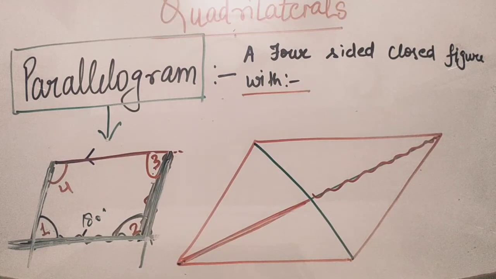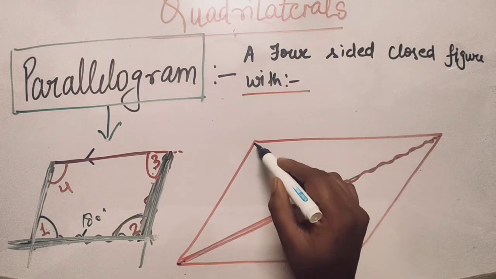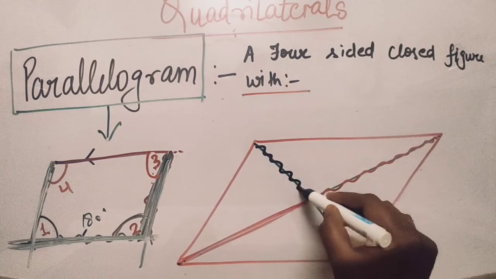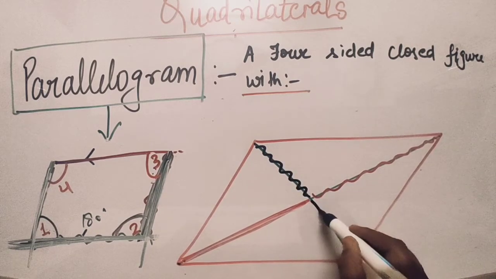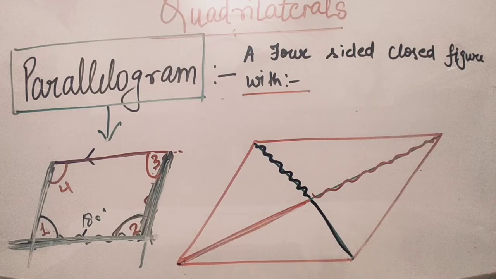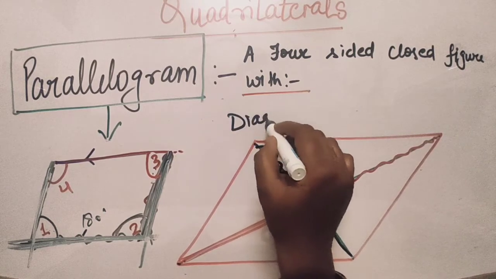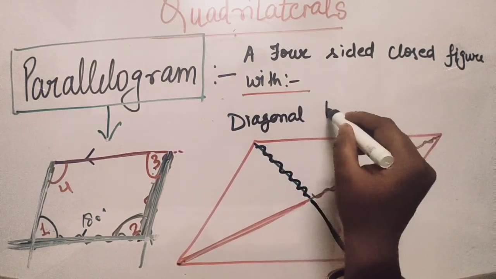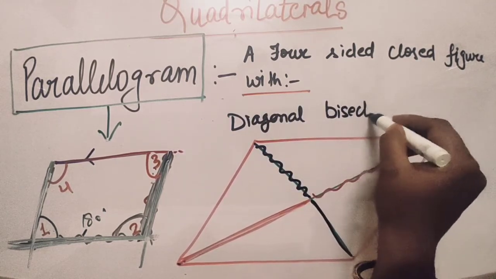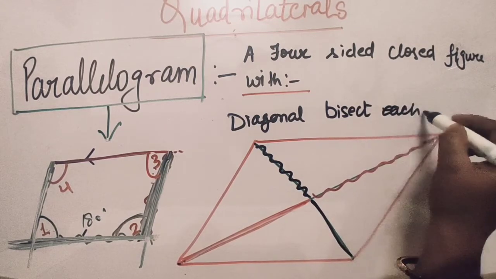And another thing we will get is that this portion of a diagonal will be equal to this portion of a diagonal. So what does it mean? It means diagonals bisect each other.